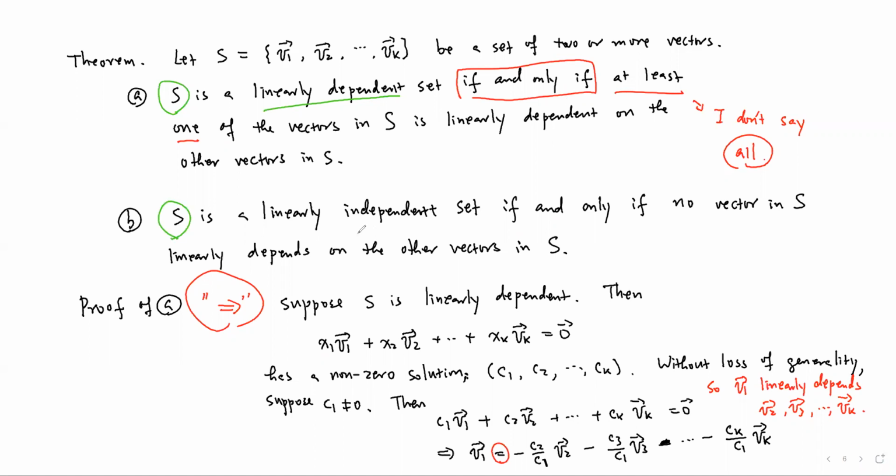A set is independent means no vector depends on the other vectors. When a set is independent, the vectors in the set are independent of each other. Good. This is topic 1.